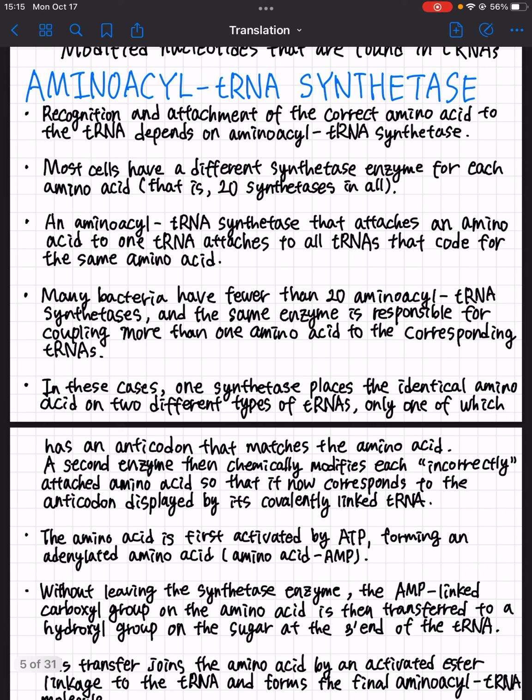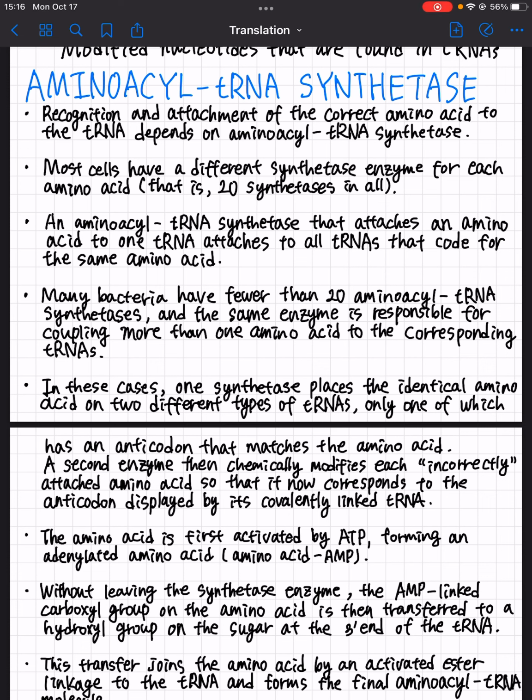So a second enzyme then chemically modifies each incorrectly attached amino acid so that it now corresponds to the anticodon displayed by its covalently linked tRNA.